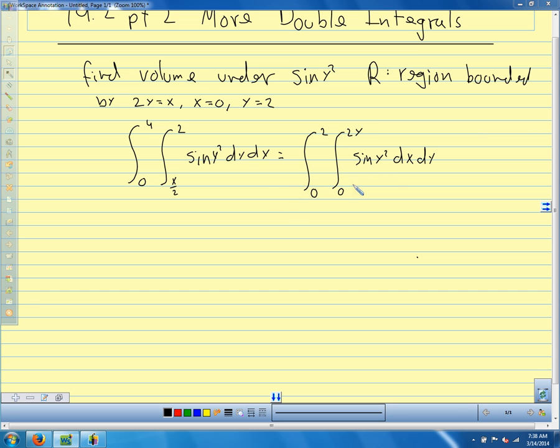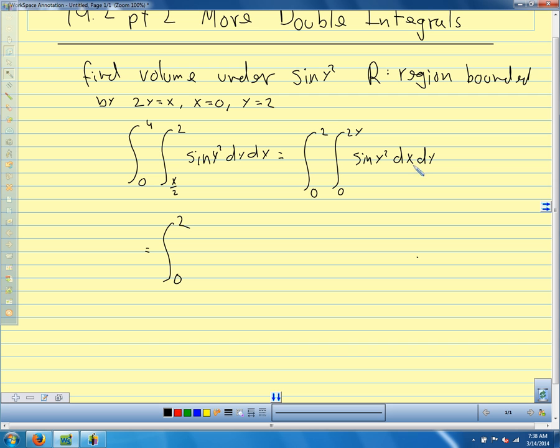When we evaluate this inner integral, what do we end up with? So our outer integral is 0 to 2, of 2y times... y is constant with respect to x.